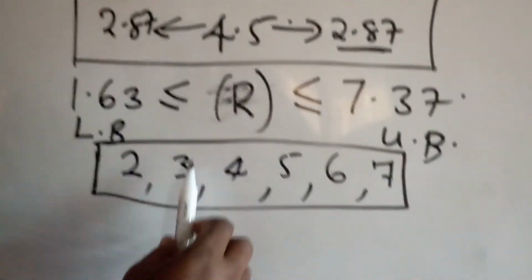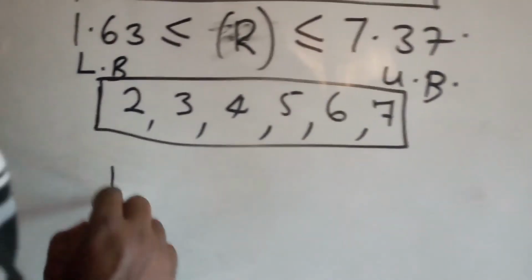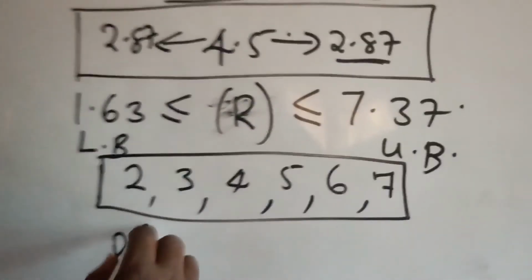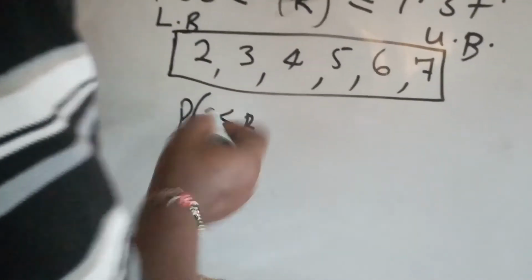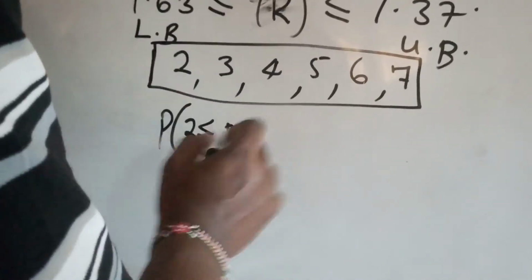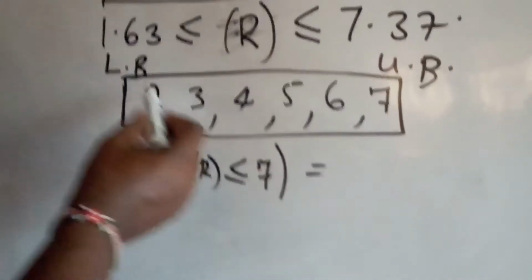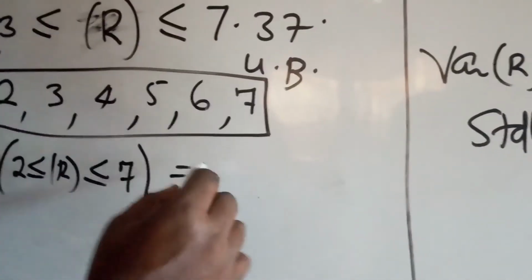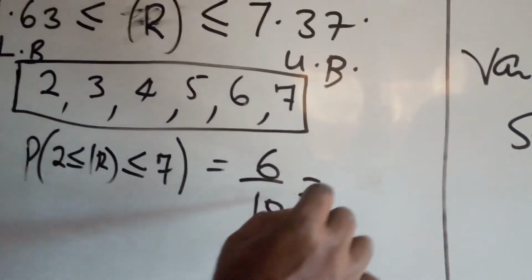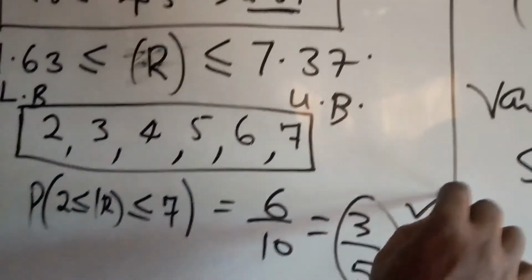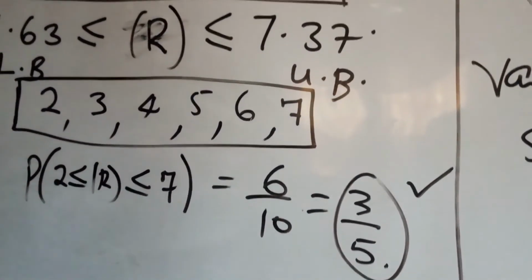The probability of R, because now we can only accept 2 less than or equal to R less than or equal to 7, is actually 6 out of 10: 1, 2, 3, 4, 5, 6. That is easily 3 out of 5. And that is our final submission.